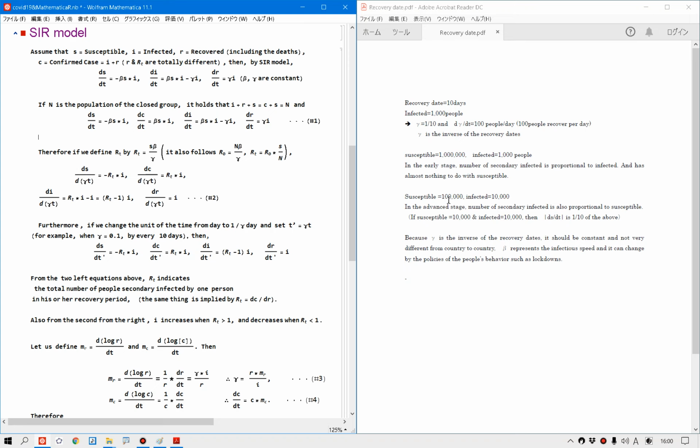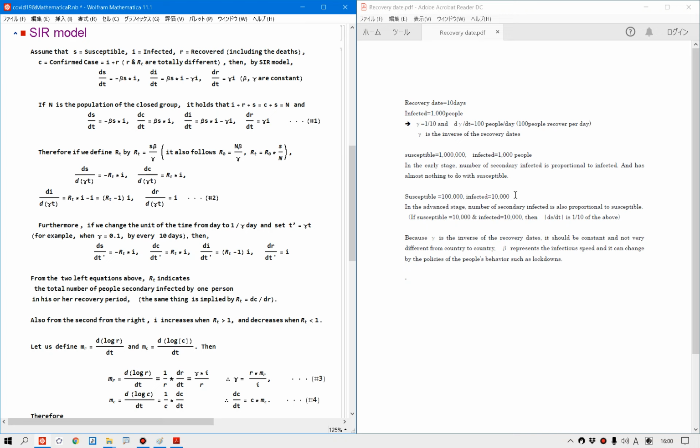But in the advanced stage, when susceptible decreases dramatically, like 100,000, and infected 10,000, this is a situation where there is not much food for the viruses.